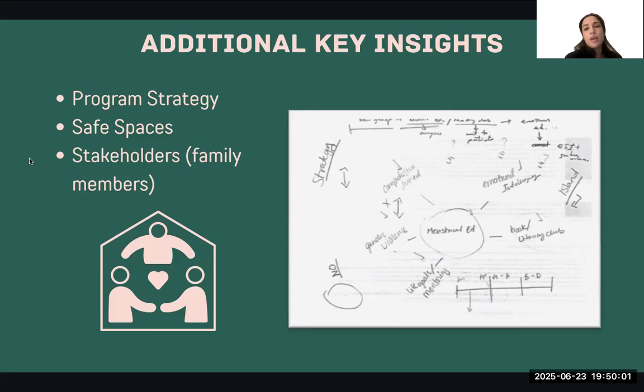Another important thing that came out of this research was stakeholders, specifically family members, how important they are, and how they need to be part of the conversation as much as possible, part of the monitoring and evaluation, getting their feedback.